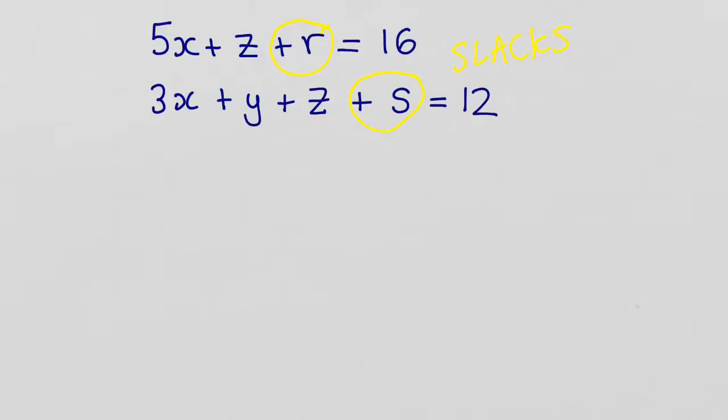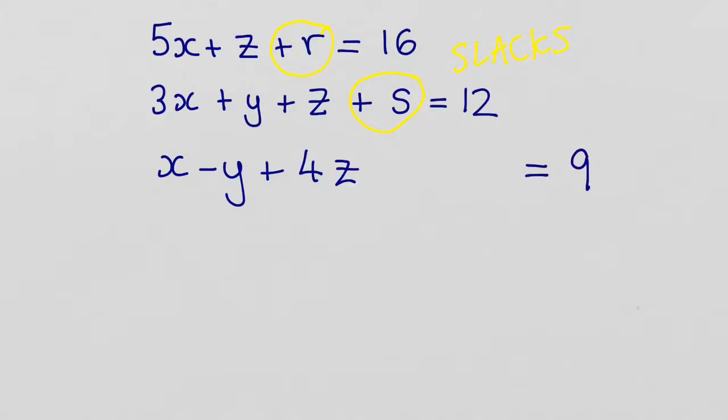Now let's look at the third. x minus y plus 4z. Okay, well, I want that to be equal to 9. And I can't add in a number to take up the slack, so I'm going to have to take away. So I'm going to take away t. And you'll see I've obviously left space, and I'm going to put something in there, aren't I?